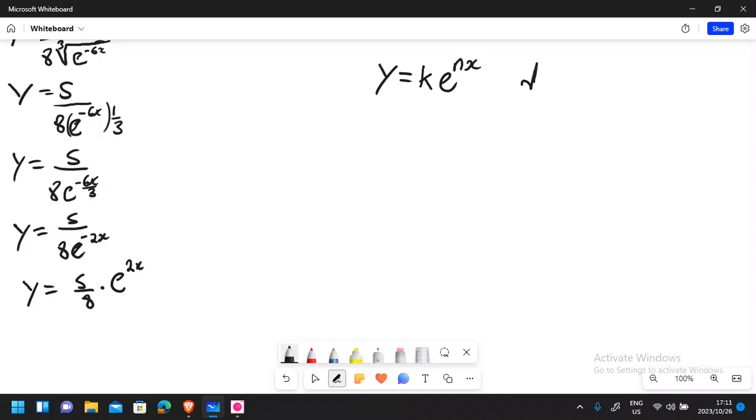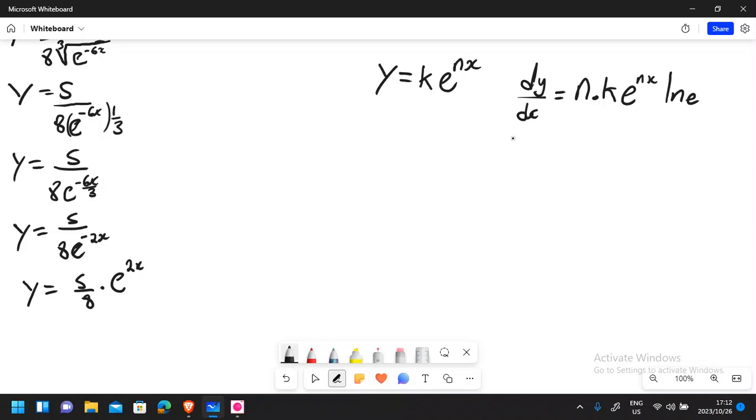We know that when we find the derivative, we're going to multiply by this n, the coefficient of x, and then multiply it by k, and then we write our base, which is e, to the power of n multiplied by x, then natural log e, right? So we should be having it like this when we differentiate.